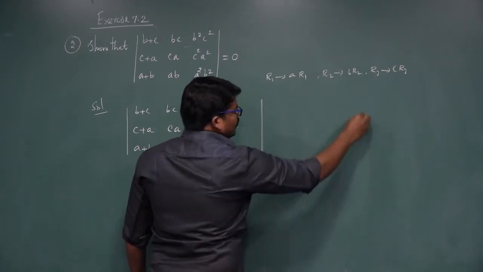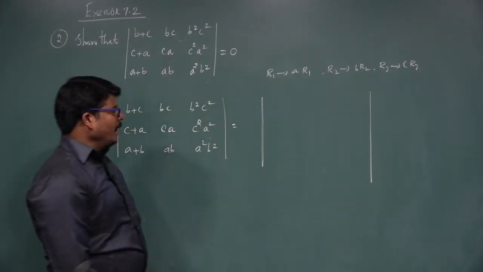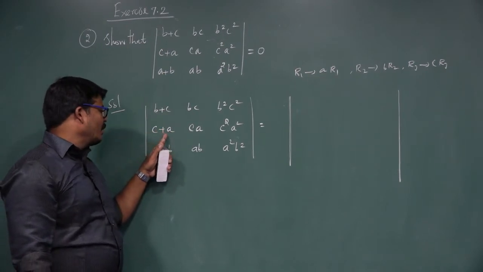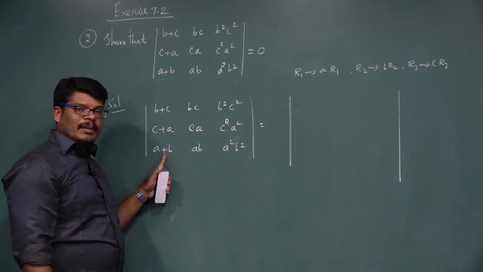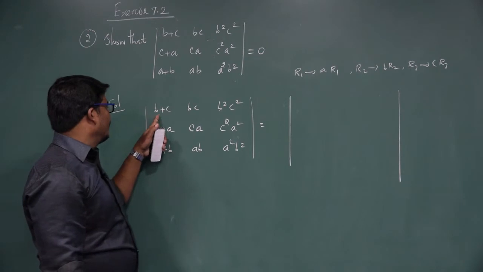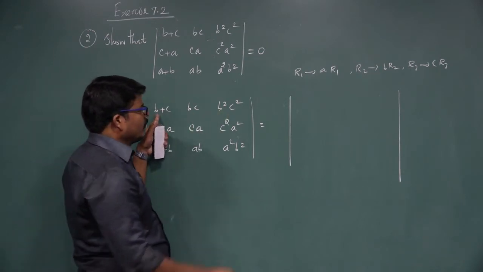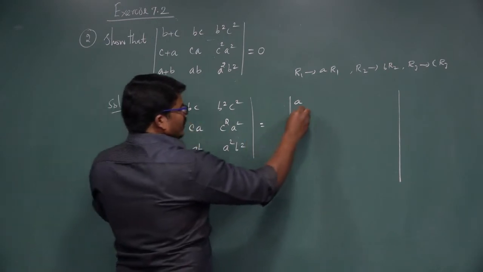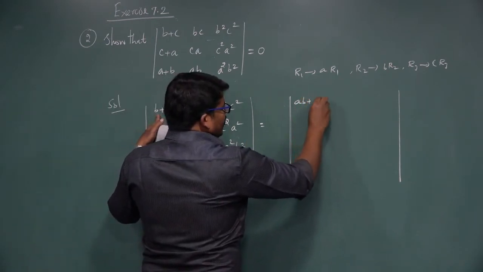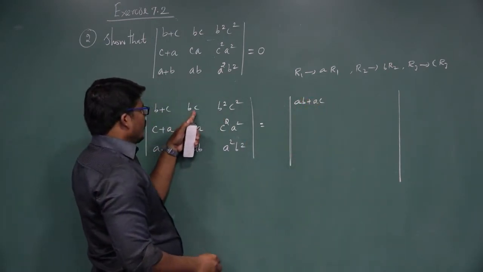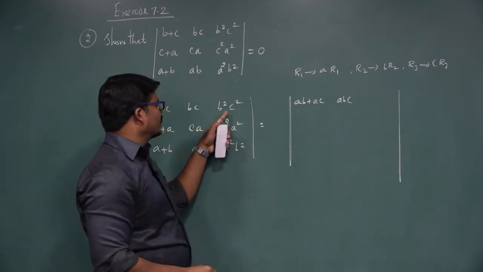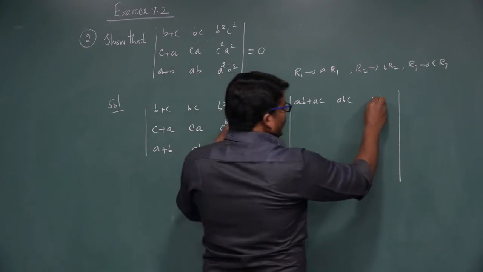First row is multiplied by A, second row is multiplied by B, and the third row is multiplied by C. First row multiplied by A: A into B plus C is AB plus AC, then ABC, then the third one, A into B square, C square.